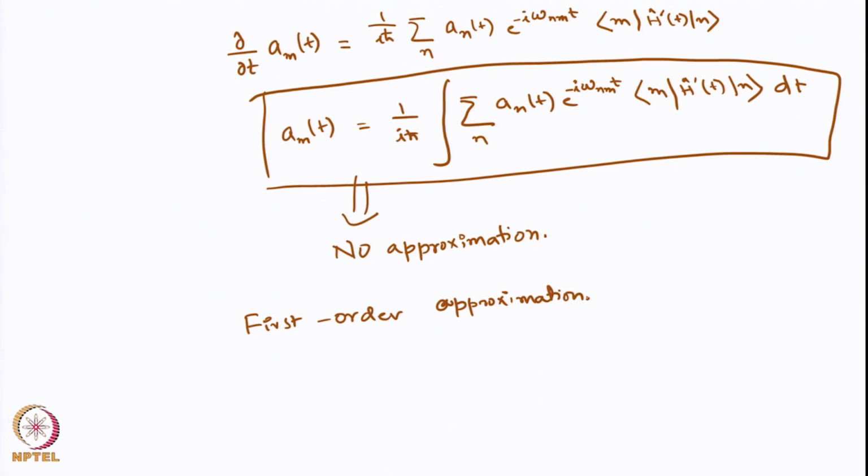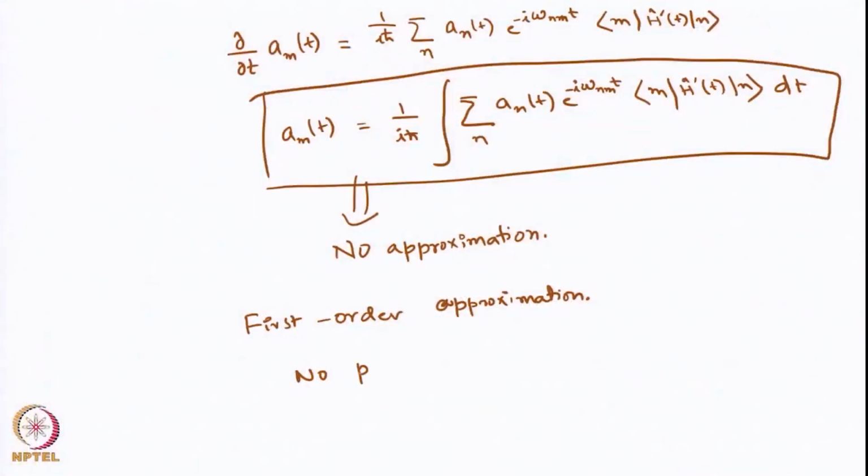To begin with, when there was no perturbation, what did we have? When there was no perturbation, then we had H_0|n⟩ is equal to E_n|n⟩. Now let us suppose there is an initial state i. So which means H_0|i⟩ equals E_i|i⟩.